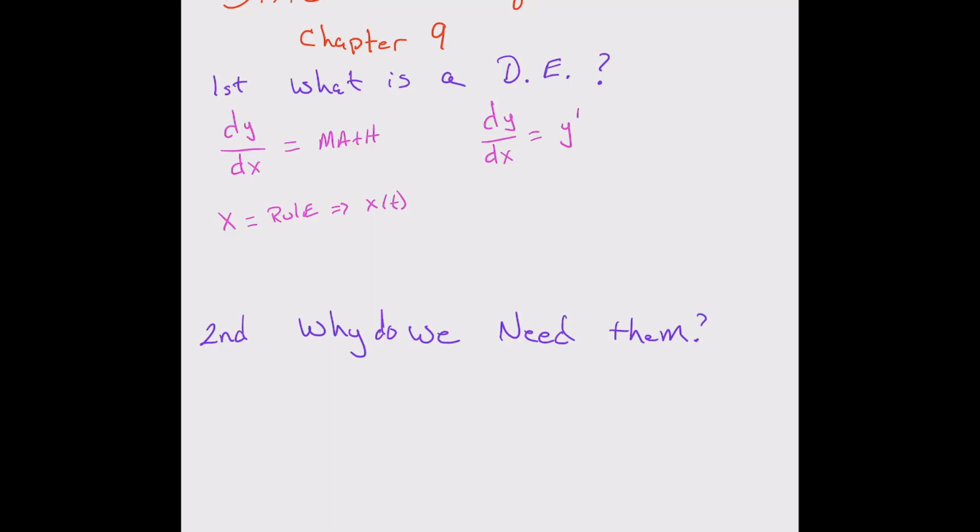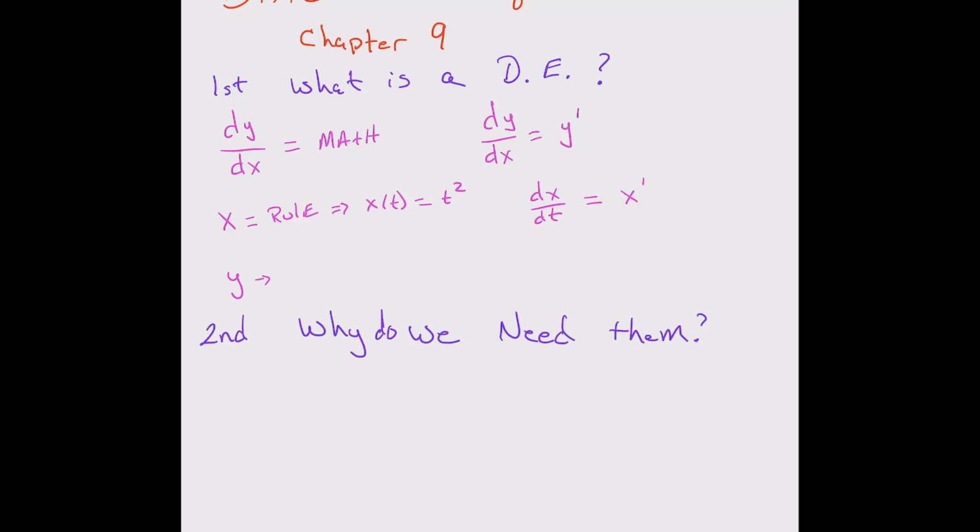So this would be x as a function of t equals something, let's say t squared. Then we would have dx/dt. So sometimes our differential equations have x's in them because we've named the function x.